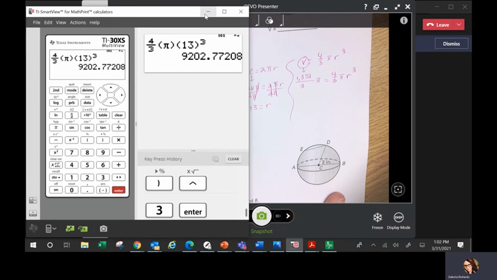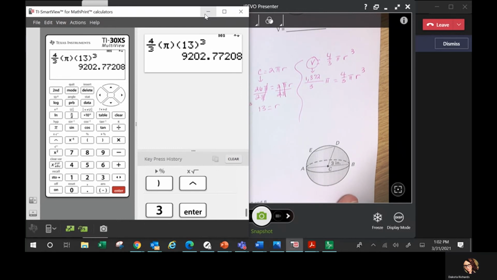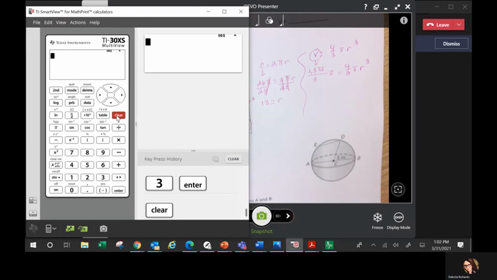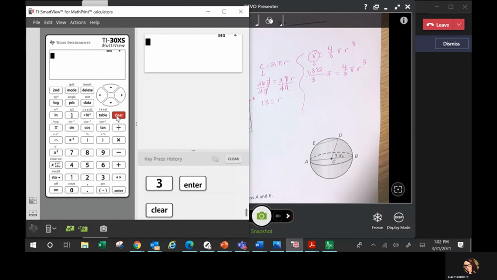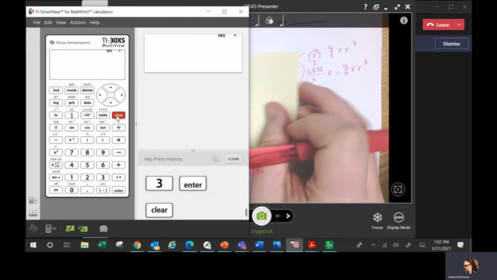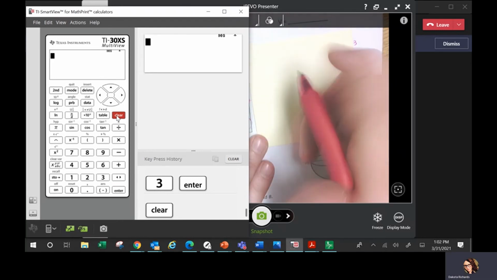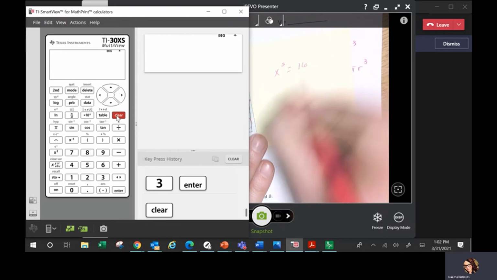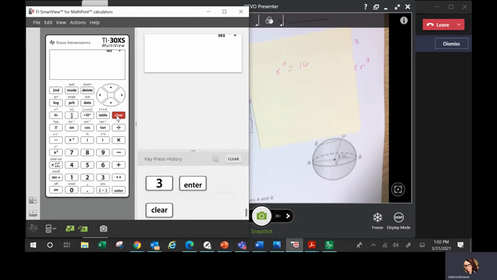Do you see what I've done so far? Okay. So take a detour for a moment. Whenever you have something squared, let's say x squared equals 16, how do you get x by itself?